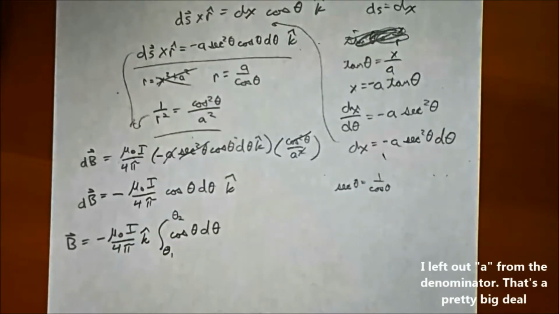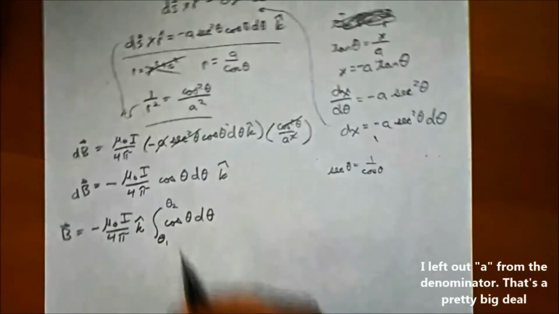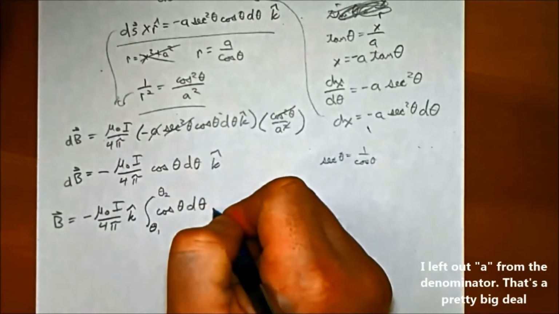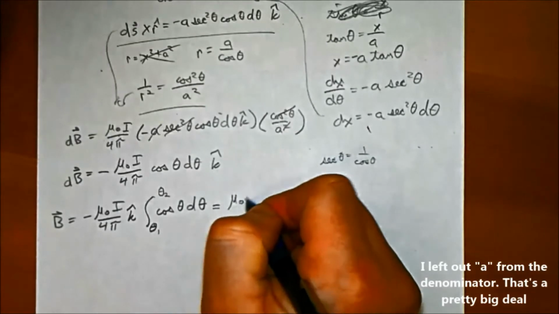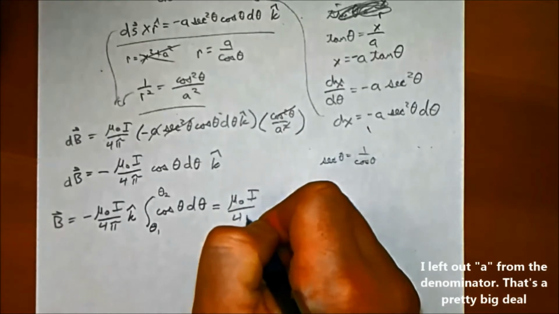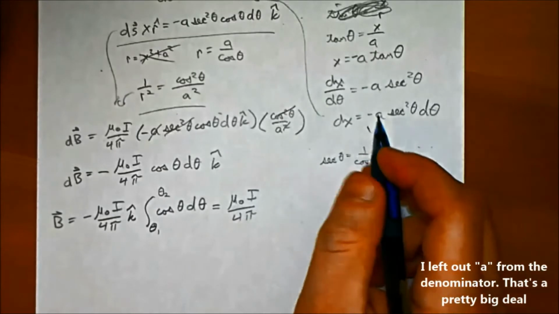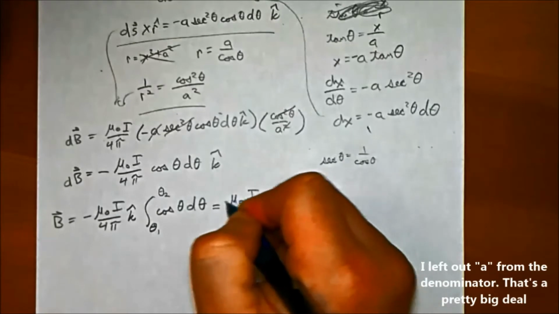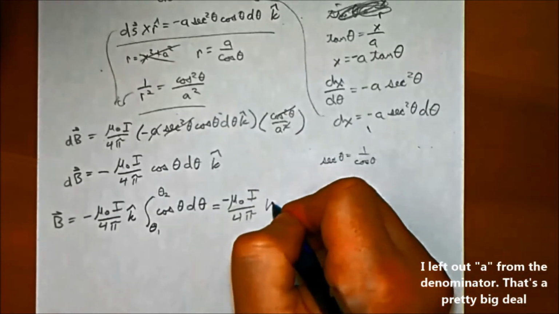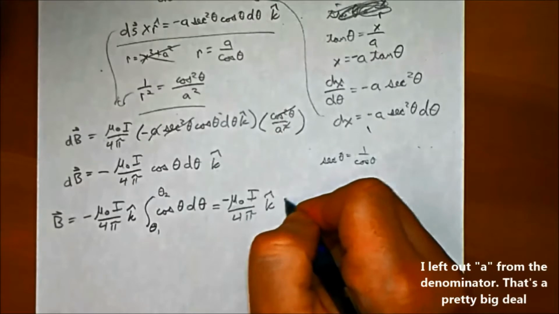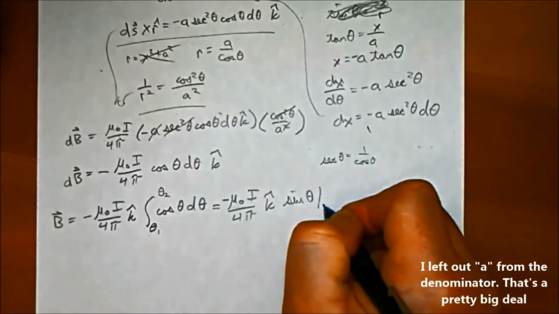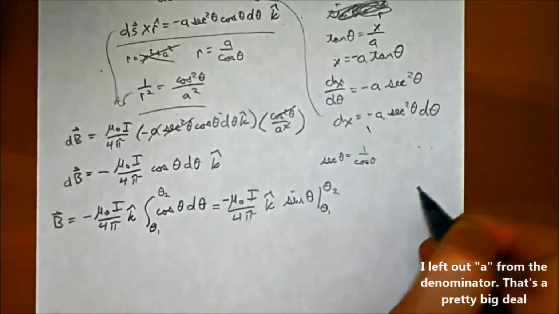So what is the integral of cosine of theta? Well, that's actually a nice one. That's just sine of theta. So B equals negative mu naught I over 4 pi, don't miss the negative, k hat times the integral of cosine of theta, which is just sine of theta, integrated from theta 1 to theta 2.